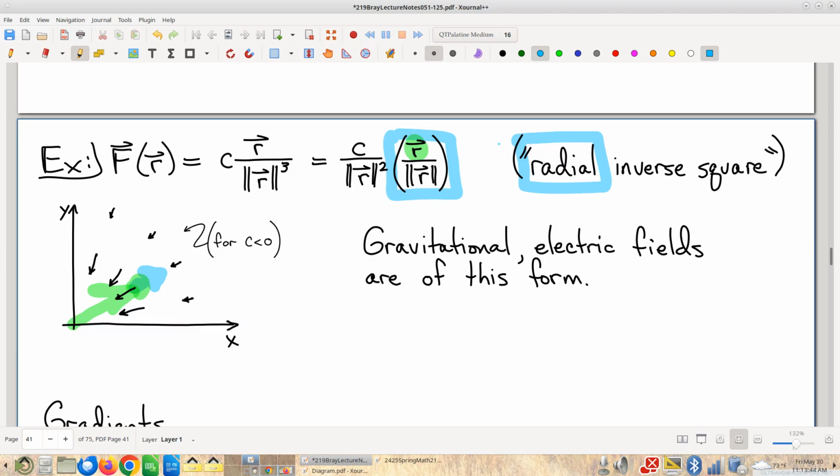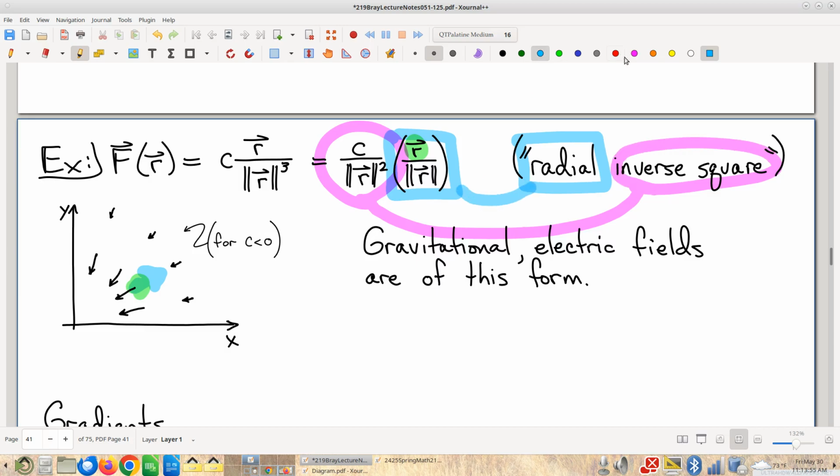And now what else can I say about this? Well, aside from being radial, notice that this is inverse square. Inverse square literally, right? So it's a square in the denominator. And in particular, it's inverse square of the distance from the origin. So radial inverse square. And now just a real quick flashback.